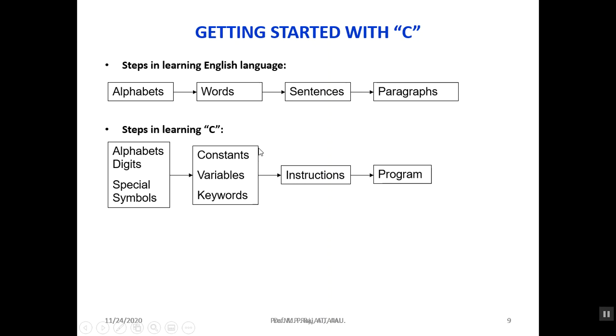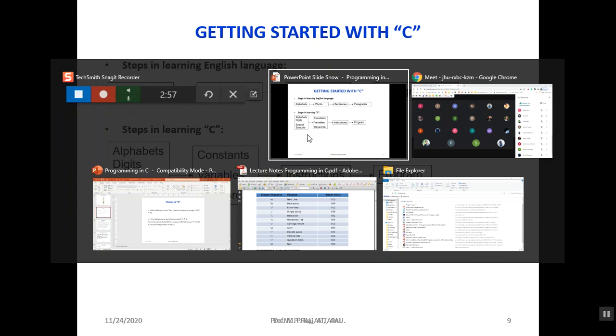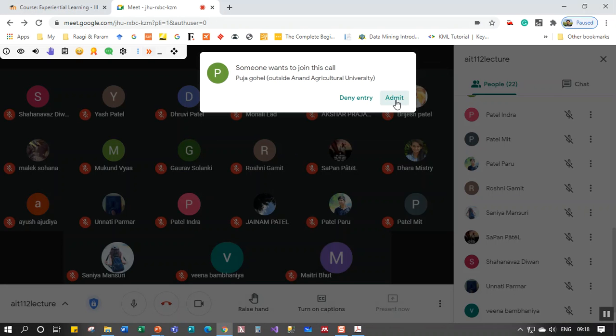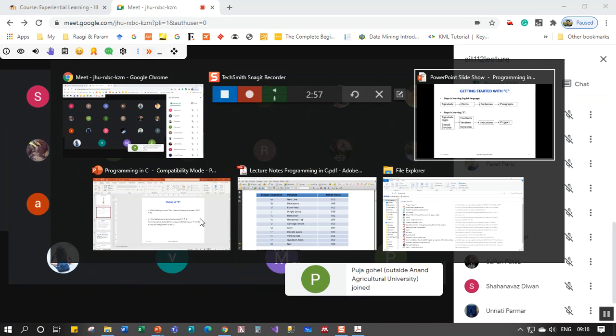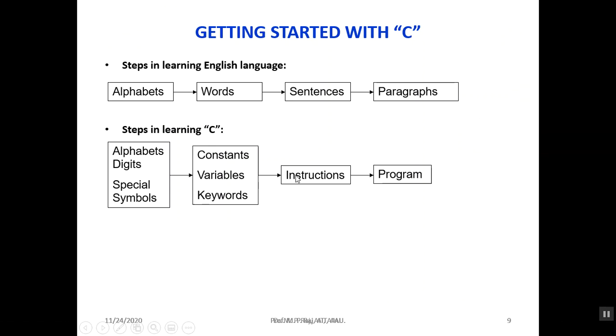And using this we create instructions. In C language we create instructions, whereas in English we create sentences. From sentences we create paragraphs. Same way in C language, a set of ordered instructions creates a program.